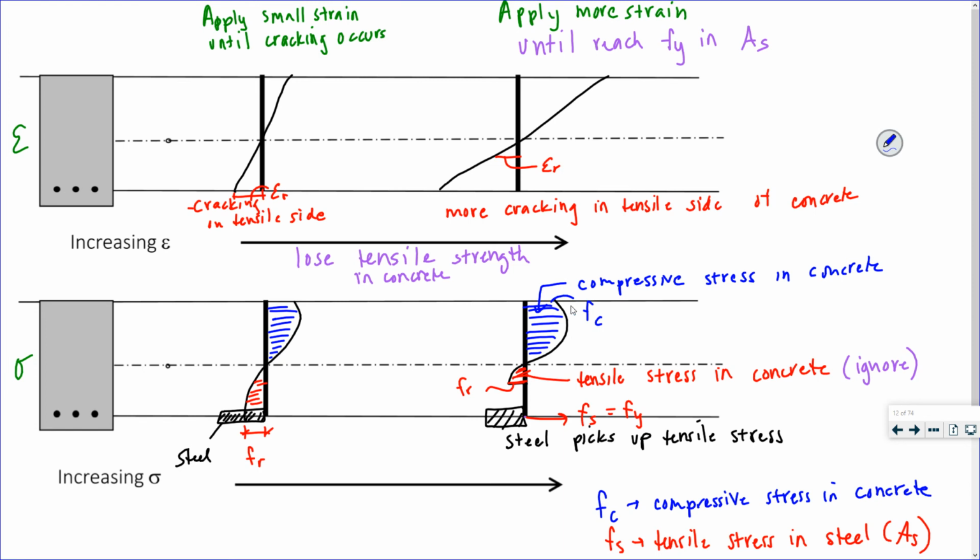We're looking down here at this compressive stress in the concrete. Whereas before, if it was like that nice little triangle, one half base times height, that's easy to find the resultant compressive force. This little distribution, it's parabolic, not so nice.